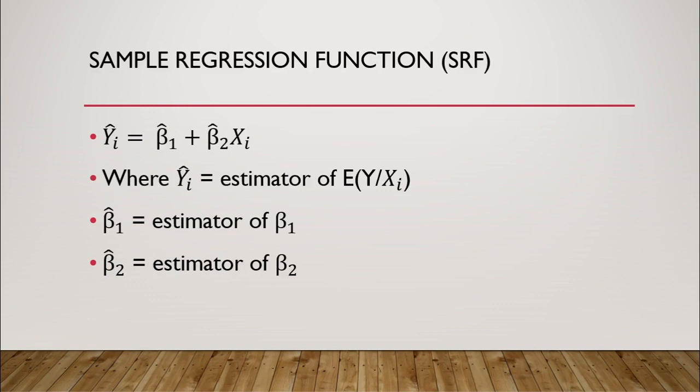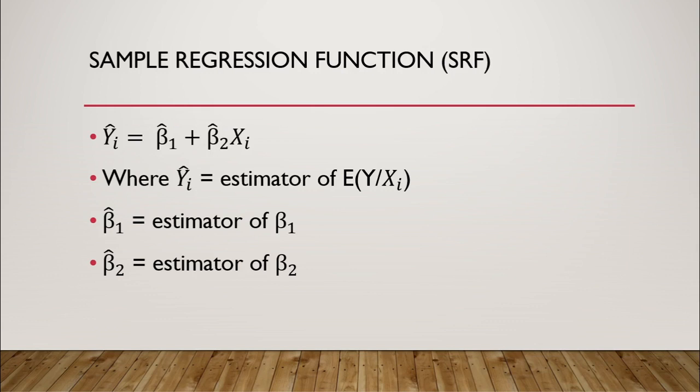So this is the equation which represents the sample regression function. Yi hat is equal to beta 1 hat plus beta 2 hat xi. Here, this should be read as yi hat or yi cap.